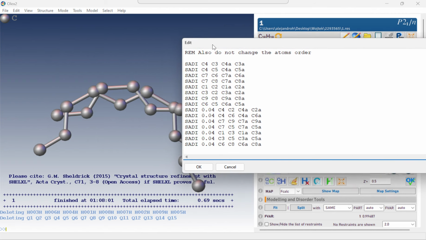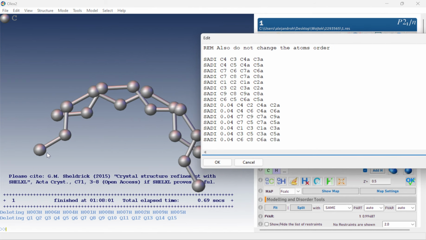Are the restraints correct? So we want to restrain 1, 2 and 1, 3 distance between both parts to be the same. We don't want to restrain all these distances to be the same. Let's say that we are interested in seeing how long each bond is.